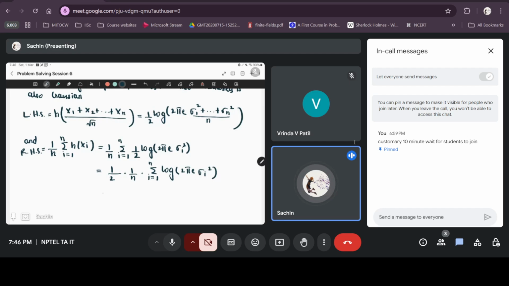The sum of logs is the log of products. So we can write this as half n log of product of 2 pi e sigma i square, i equal to 1 to n.